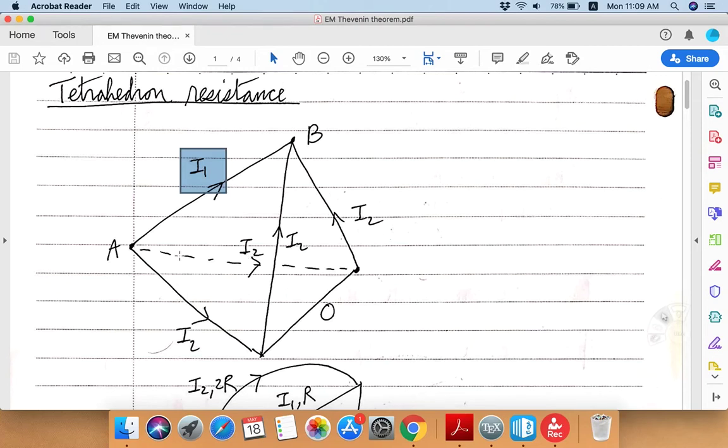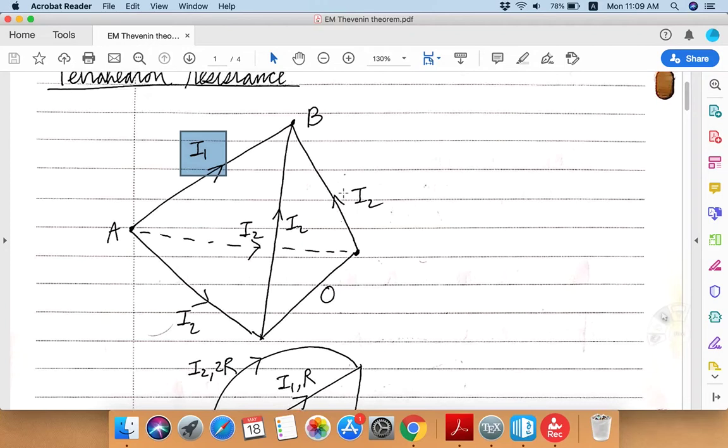But since this is a network, there will also be some current flowing through the other channels, like this edge and that edge over there, and then this edge, which is not visible from this angle, and through this edge to reach B. So there are a couple of other conducting channels through which you can put some electric current from A to B. And the question is, what is the effective resistance?